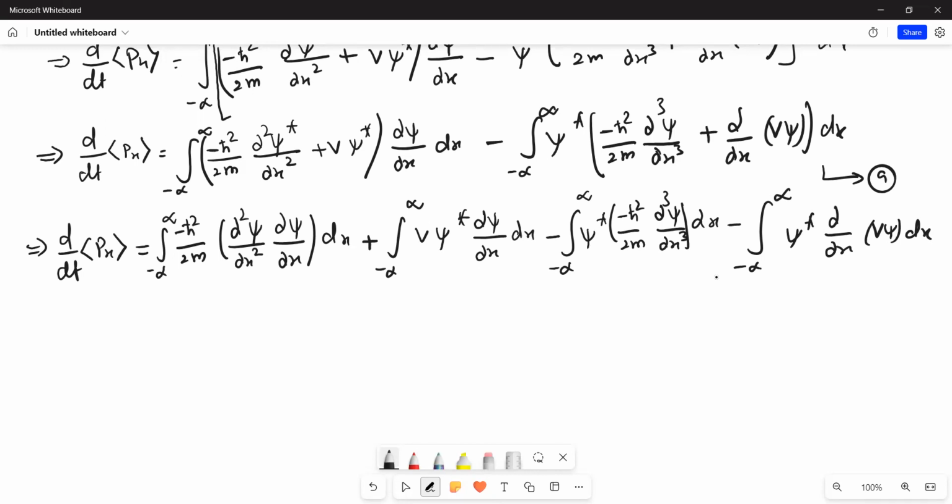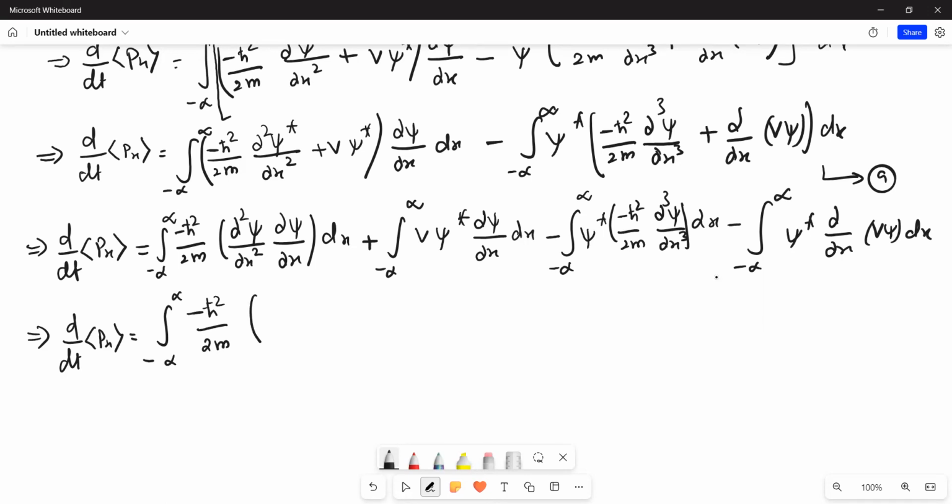Here you see, just to take the simplification again, this step is almost similar, no? I mean, −ħ²/2m is there, so take a common term. d/dt of the expectation value of px: the integral from minus infinity to plus infinity. Take the common term −ħ²/2m; consider the first one and the third one, it is common.